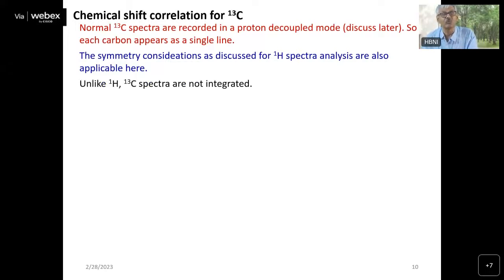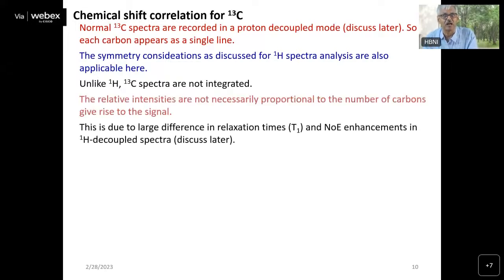In proton spectra I discussed integration, but carbon-13 spectra are not integrated. The main reason is that the relative intensities are not necessarily proportional to the number of carbons giving rise to the signal. The reason is that there is a large difference in relaxation time. Even in toluene, aromatic 5 versus methyl 3.2, but in carbon it is much more.